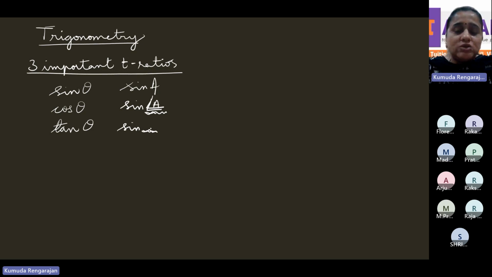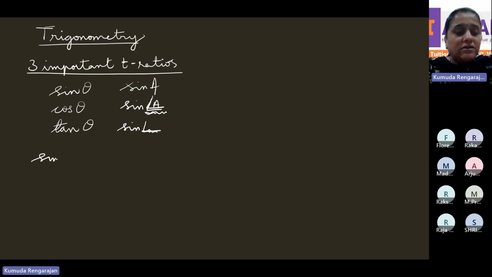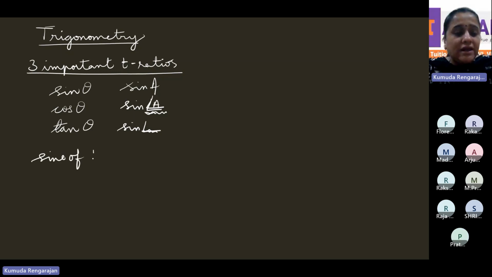In fact, all the T ratios are followed by an angle. So sine of angle A is written as sine A.